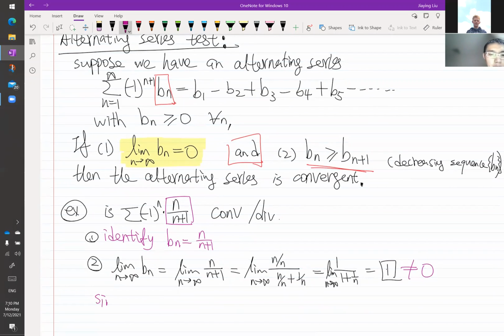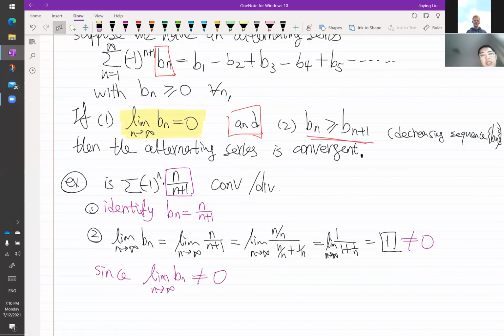Since the limit of bn as n goes to infinity is not equal to 0, this test tells us that the series is not convergent. Since the first condition is not satisfied, the series is not convergent.